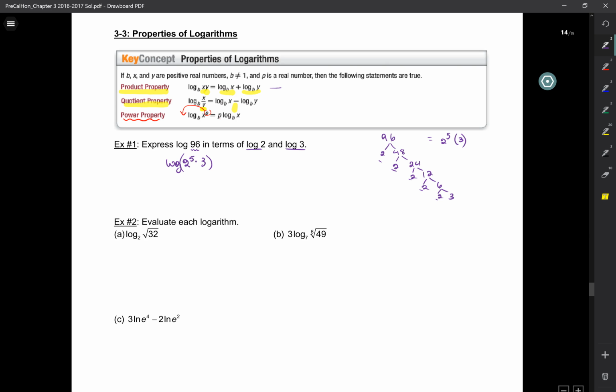We're going to apply the first property, and we're going to say this is just log of 2 to the 5 plus log of 3. The 5 will come down, and this is 5 log 2 plus log of 3, and that's equal to log 96.